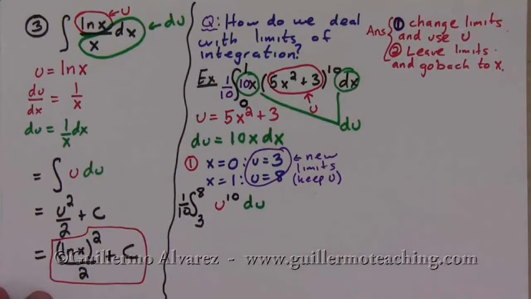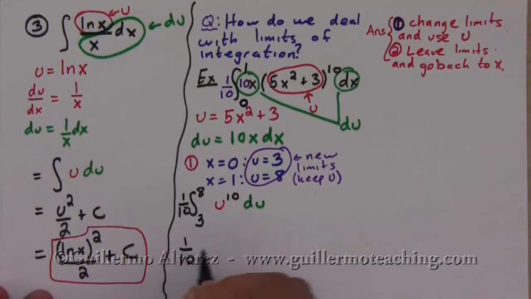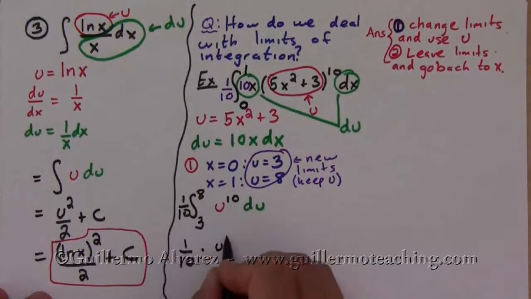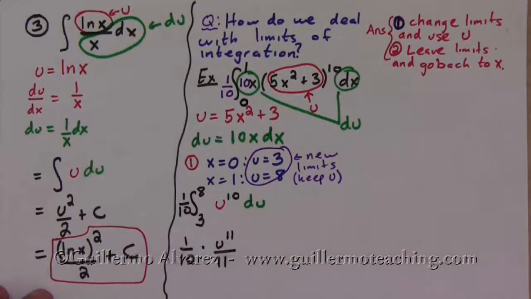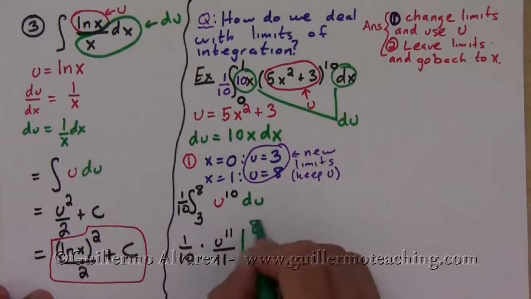Okay, and this I can find the antiderivative easily. The antiderivative of u to the 10th is just u to the 11th over 11. And this is going to be evaluated from 3 to 8.